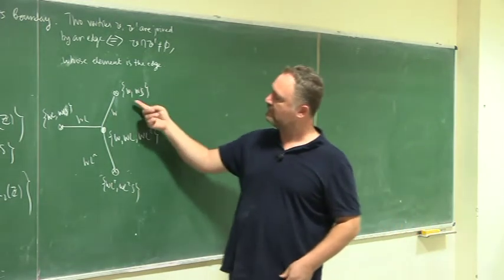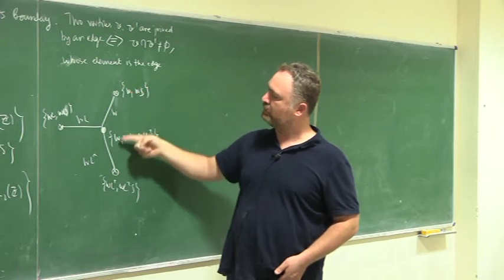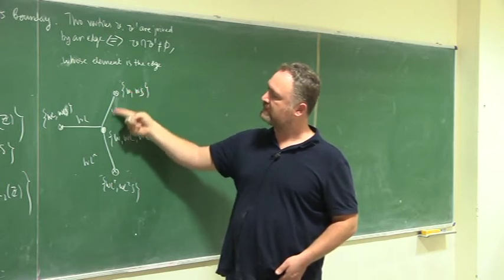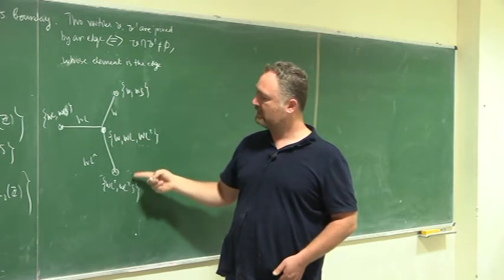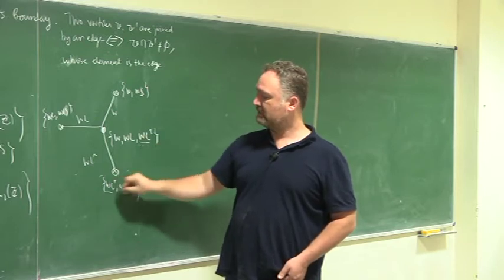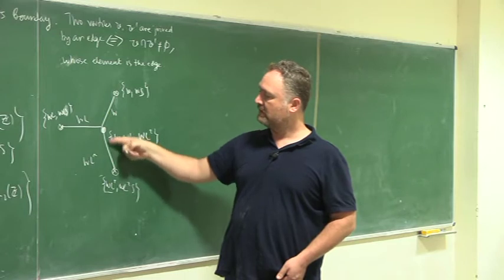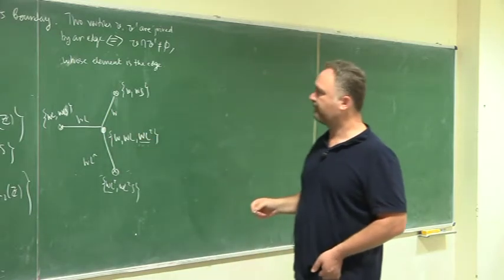You can see that these two have a non-empty intersection, which is W, and that W is precisely the edge between these two vertices. Similarly, these two have a common element, WL square, which is the name of the edge between these two vertices, and so on.